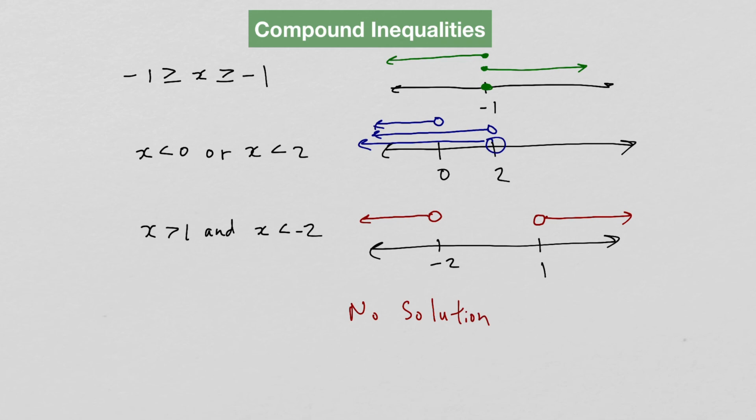Okay? Let's take a look at a few more. Let's suppose we have x is less than 3 and x is greater than 2. Okay? So let's graph this. We have 2 and we have 3.